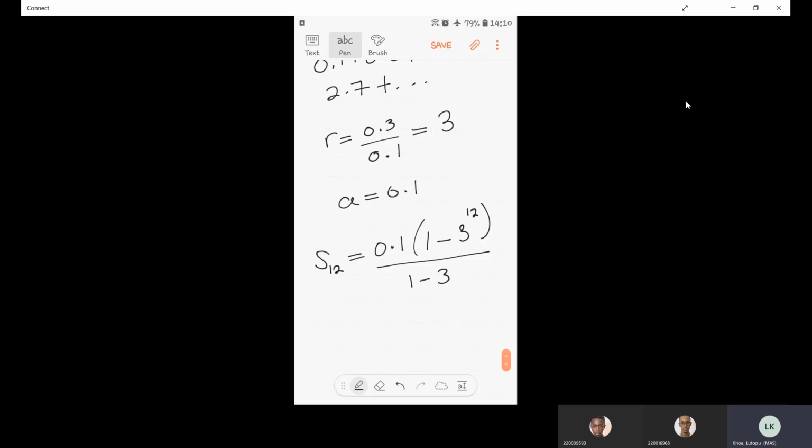So again, you can use the other formula, but you will notice that the answers are exactly the same. Now this one, you just type in on your calculator and see what you get.